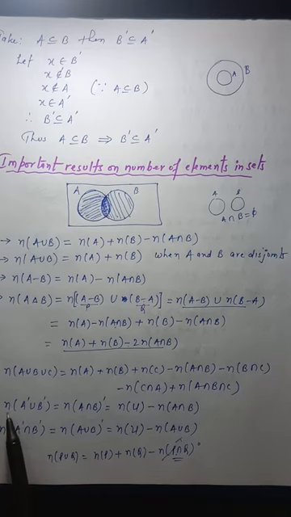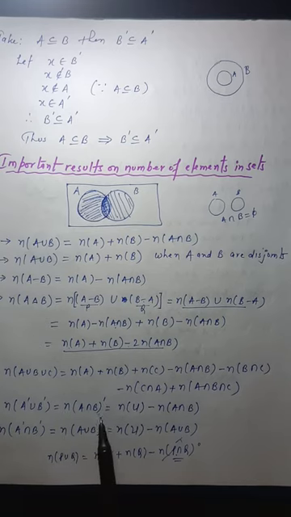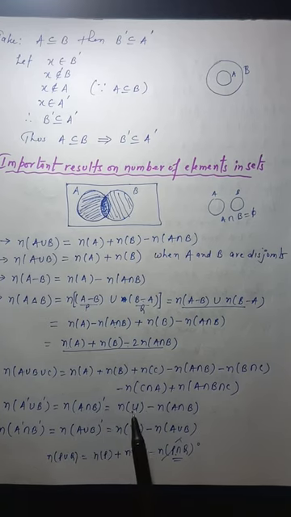If you want to write number of elements in A dash union B dash, you can write n of A intersection B whole dash, and please note this n of A intersection B whole dash can be written as universal minus set. So it will be n of U minus n of A intersection B. In the same manner, this A dash intersection B dash can be written as n of A union B whole dash, De Morgan's law.